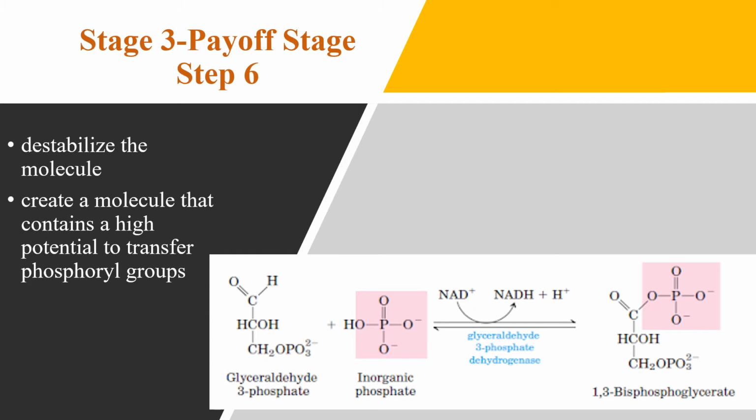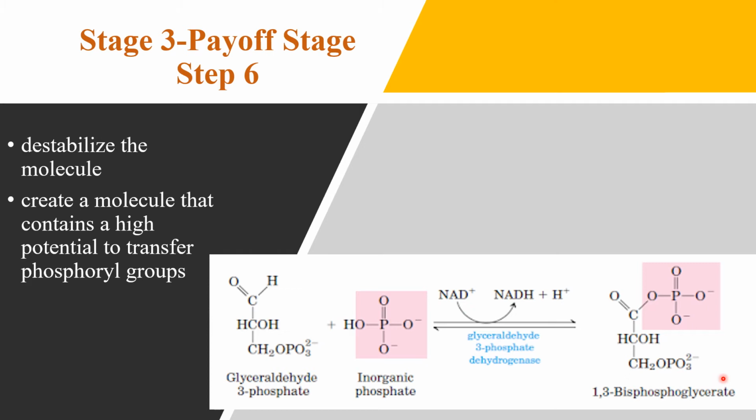So the entire goal here is to destabilize the molecule and eventually create a molecule that contains a high potential to transfer phosphoryl groups, and we'll see why that's important in just a moment. So let's take a look at step 6. So we want to transform this GAP molecule into 1,3-bisphosphoglycerate.